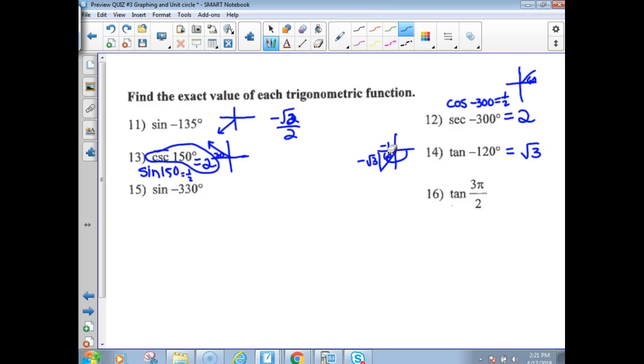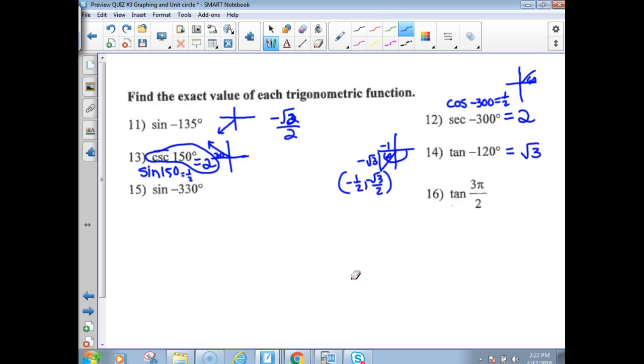The other way you can do it is if you're looking at your unit circle. Does anybody want me to explain it differently? Because I can. If you were at your unit circle at that point, with a reference of 60, the point is negative 1/2, negative square root of 3 over 2.